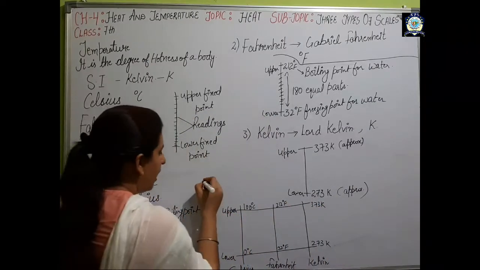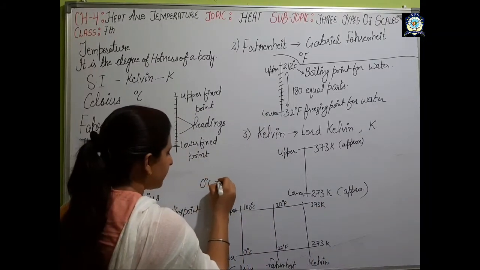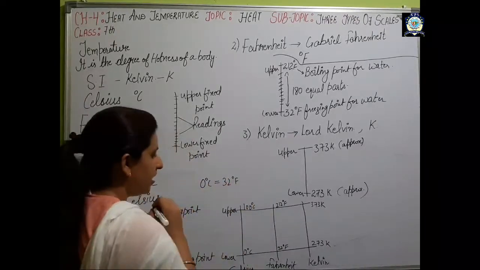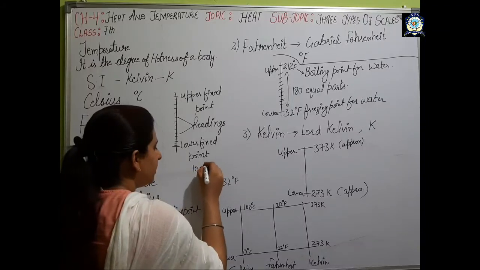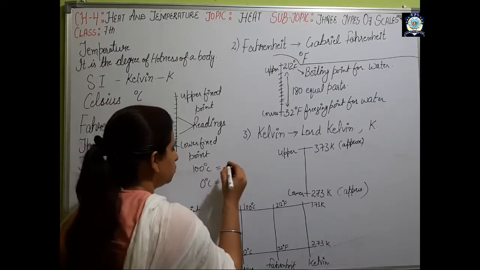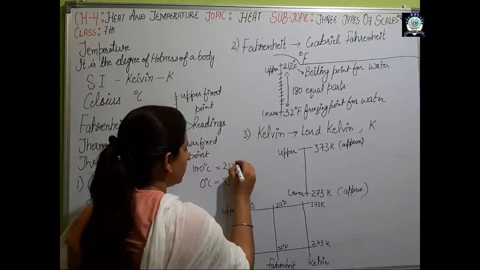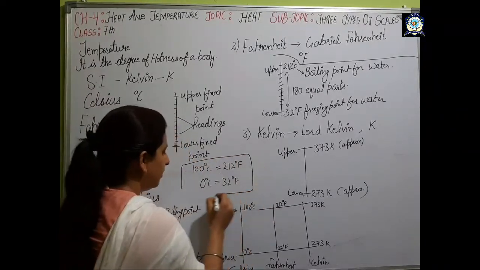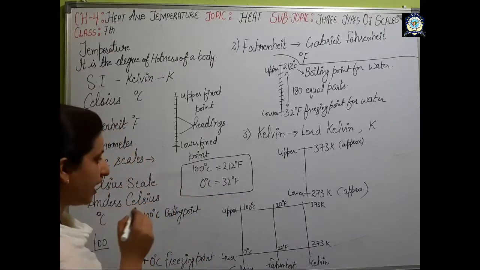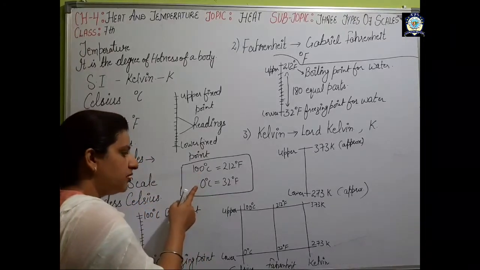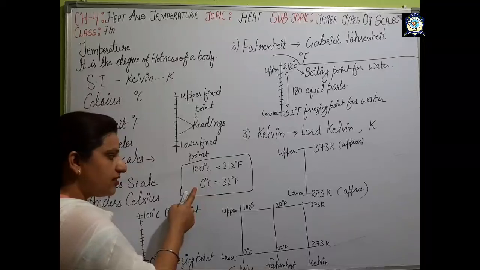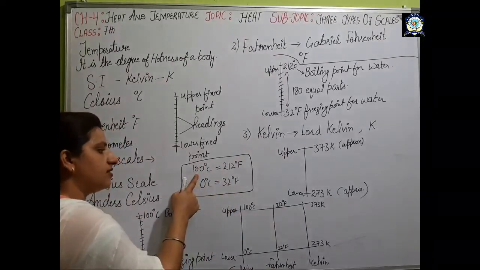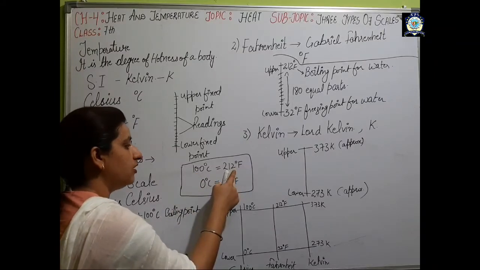So 0 degree Celsius is equal to 32 degree Fahrenheit and 100 degree Celsius is equal to 212 degree Fahrenheit.